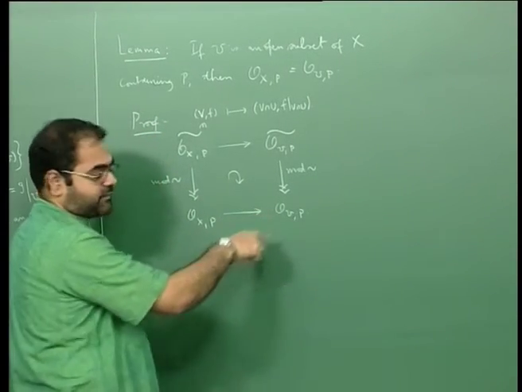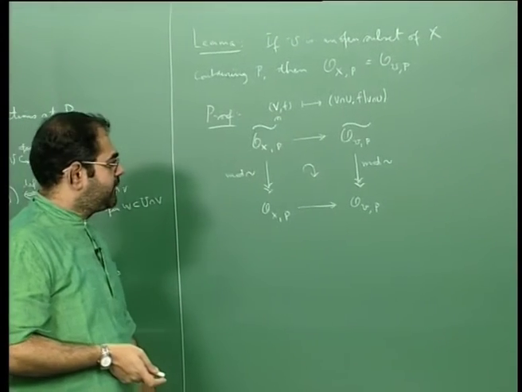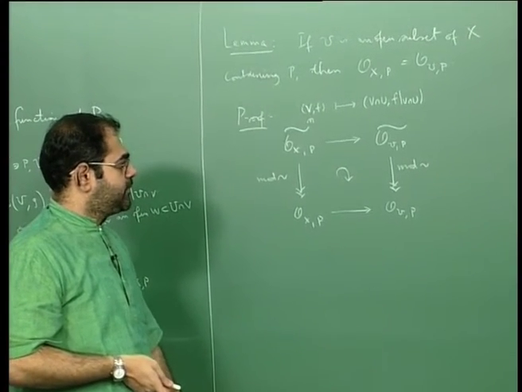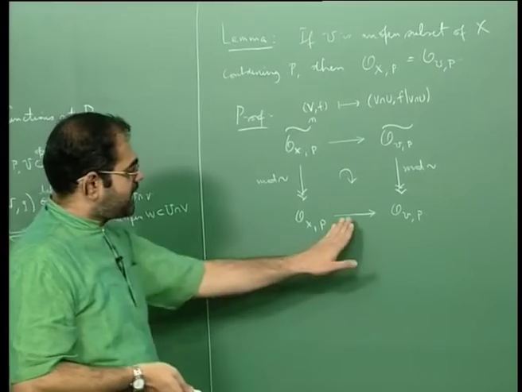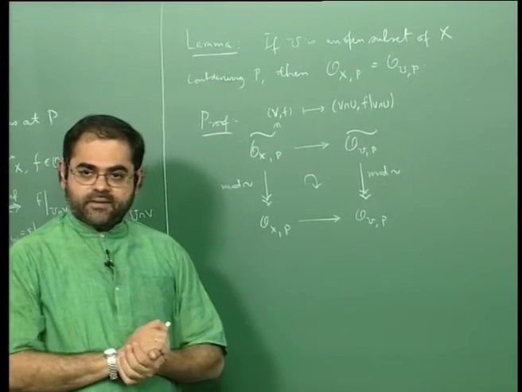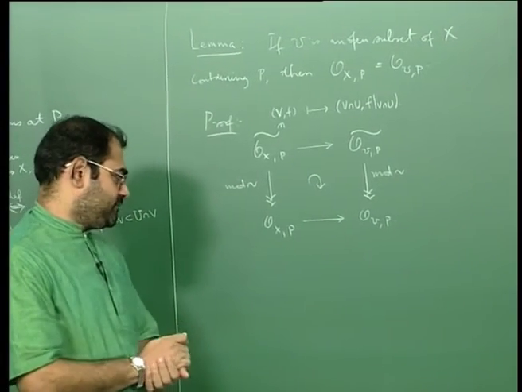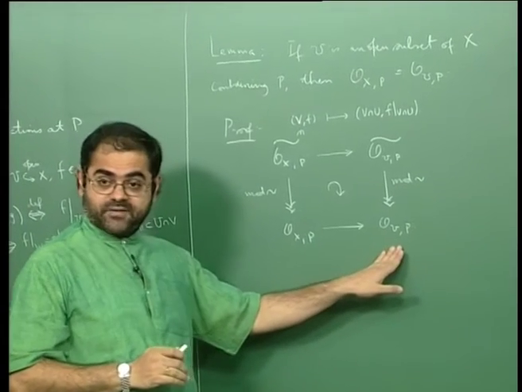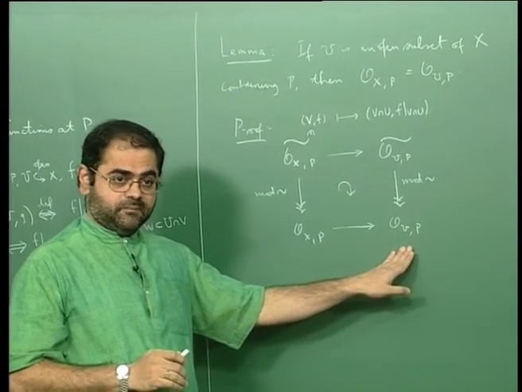And it is easy to check that this map is actually an isomorphism. In fact, you can check that it is a natural identification.